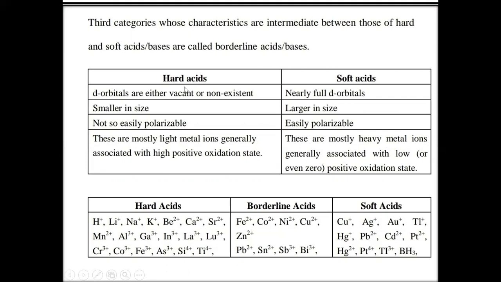Hard acids: d orbitals are either vacant or not existing at all. Hard acids, as I've shown you in the periodic table, have d orbitals that are vacant or don't exist.